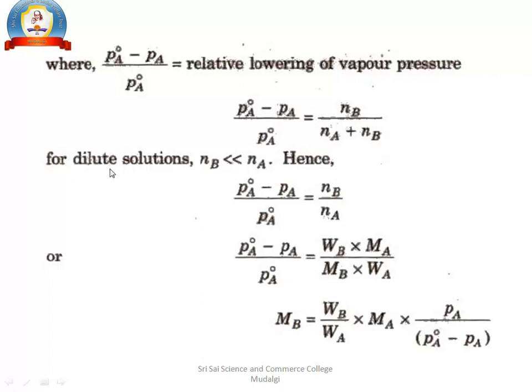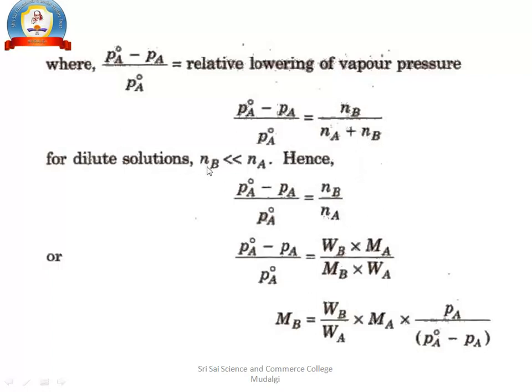Now for a dilute solution, or ideal solution, the number of moles of component B is lesser than the number of moles of component A. So we neglect this Nb in the denominator, and we take only Na. Why?